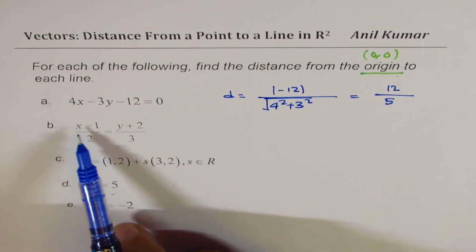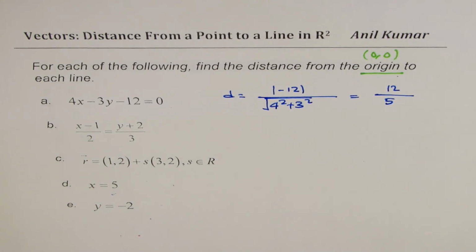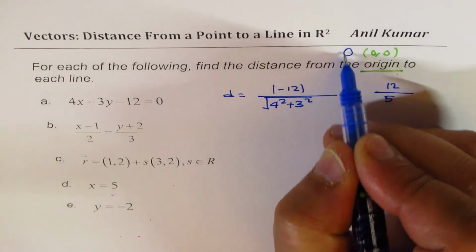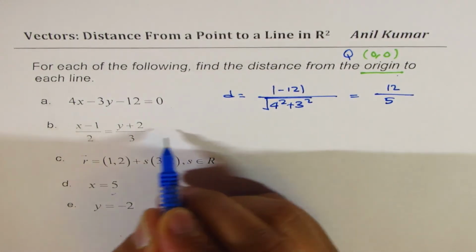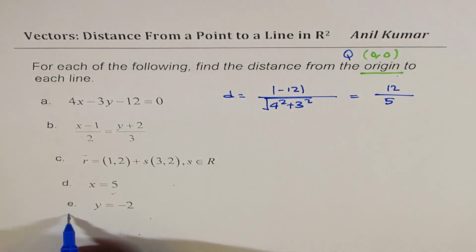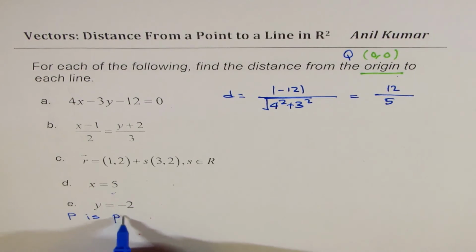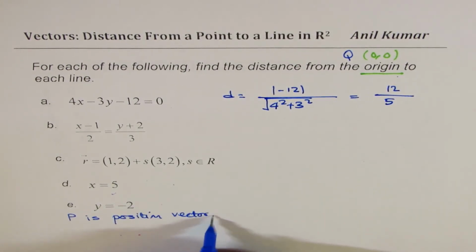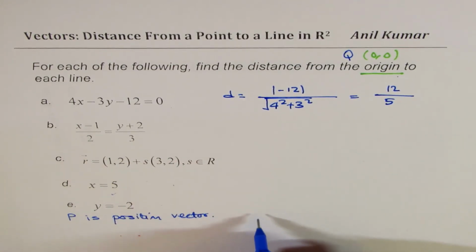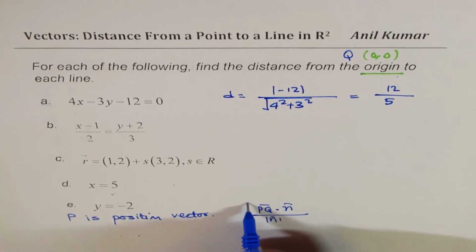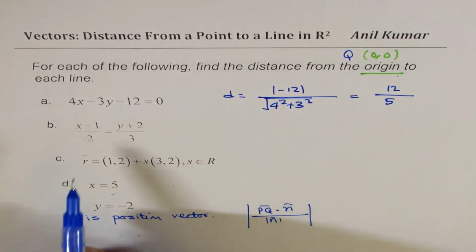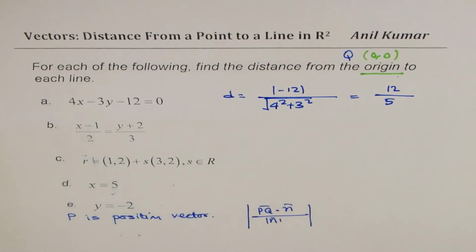Now let's look at the other equations. Now, the point Q is (0, 0). So that means the point P becomes the position vector. So remember, now P is the position vector. So when we want to use this formula, PQ dot N over magnitude of N, absolute value, then the point itself is the position vector.